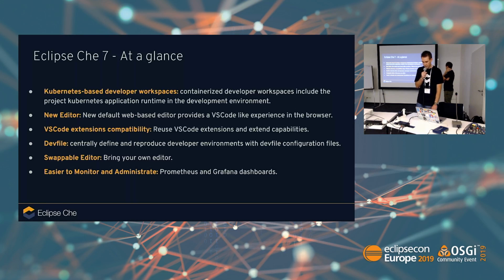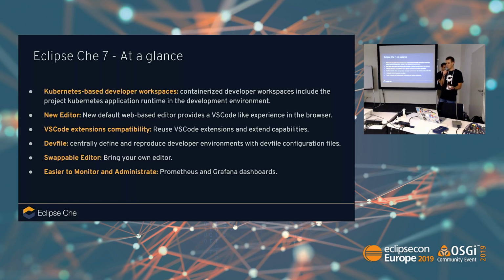So Che 7 is a big release for Che. As you saw, the whole developer environment has been revamped, and it's from the new editor, it's from the way the developer workspaces are getting built, which are completely Kubernetes based.